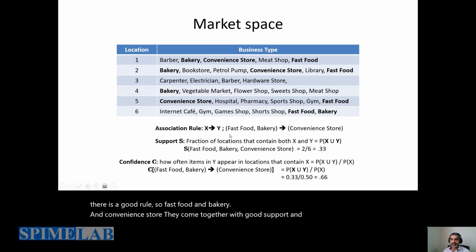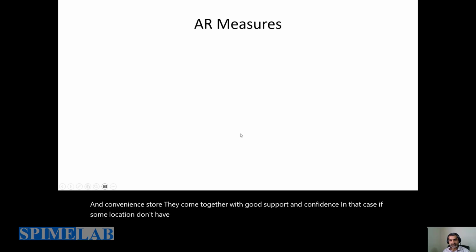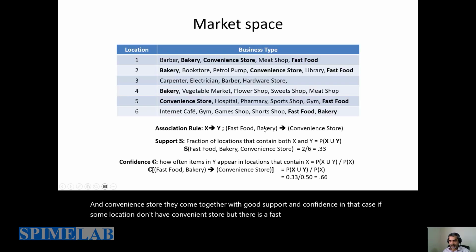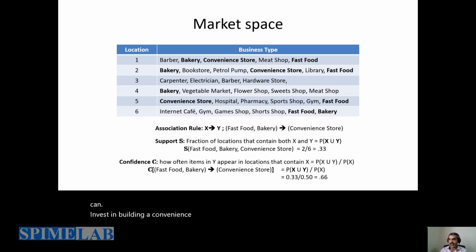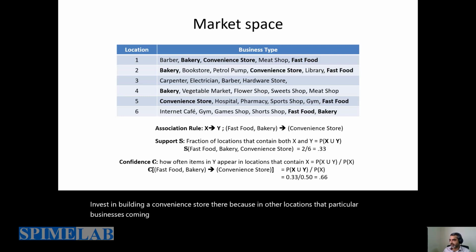If some location doesn't have a convenience store but there is a fast food and bakery, then you can invest in building a convenience store there, because in other locations that business is coming together with fast food and bakery. This can be one interesting application of discovering association rules.